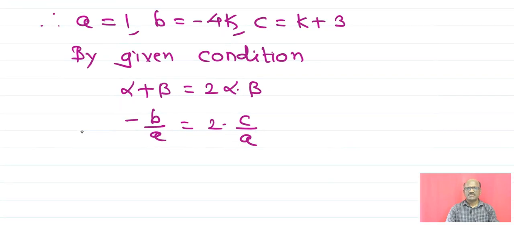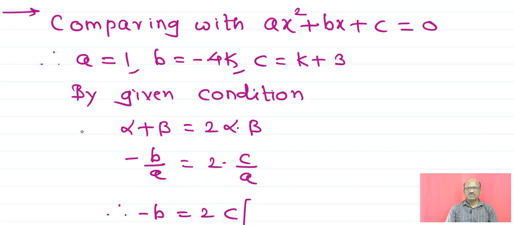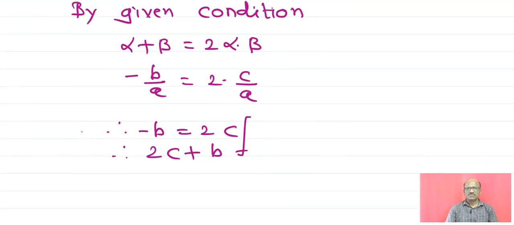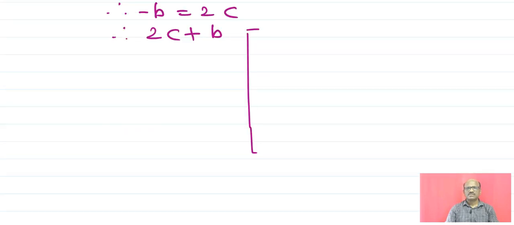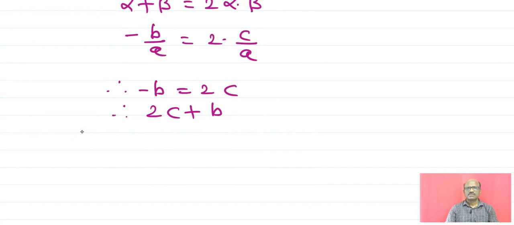The a gets cancelled, which gives minus b upon 2c. Therefore 2c plus b equals 0.